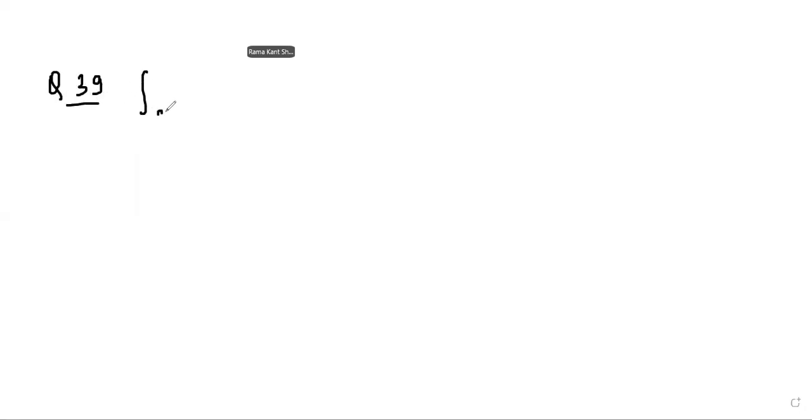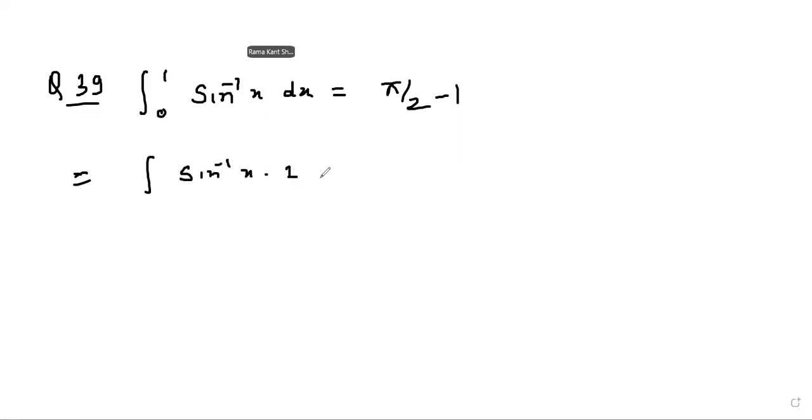Integration 0 to 1 sine inverse x dx equals pi by 2 minus 1. So here we can take 1 as another function. So here first we write sine inverse x, then 1 dx, 0 to 1.